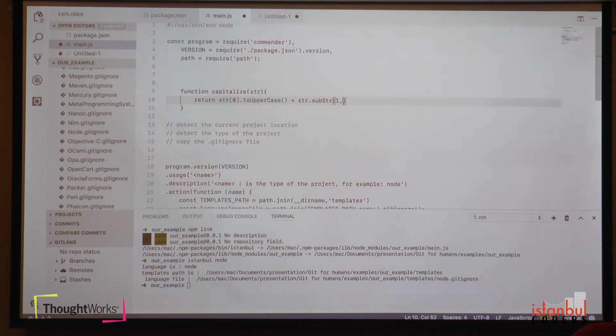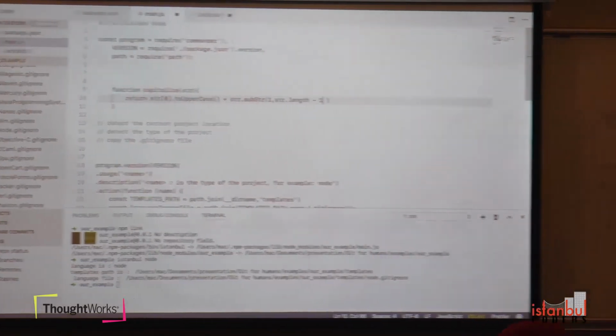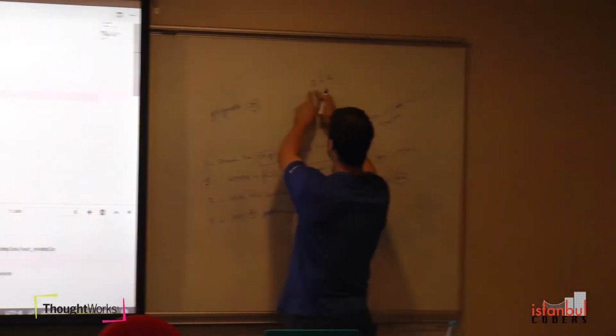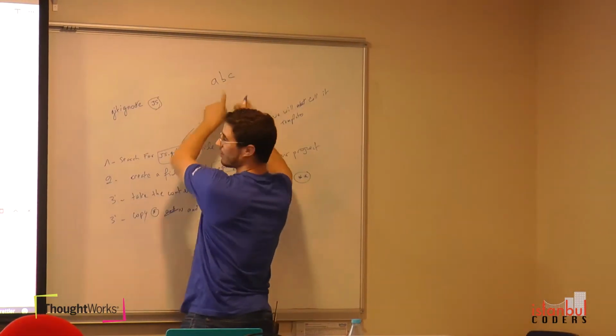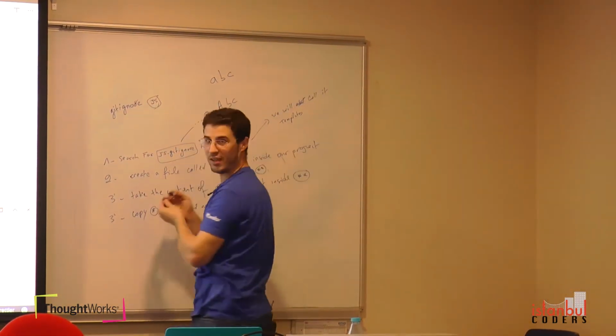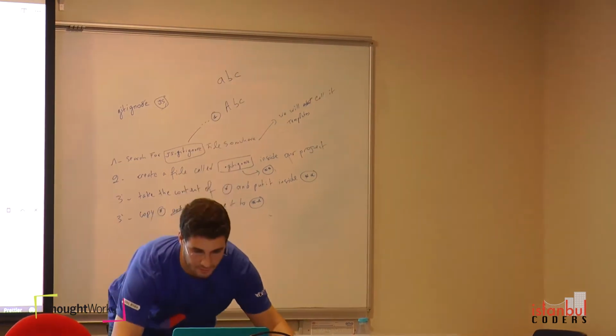Great. Str dot length minus one. Yes, great. Why? Because we have the whole string. For example, we have ABC. A is capital. We need to take from the second till the end. Great. So this is the function.